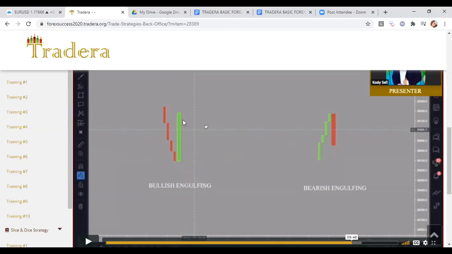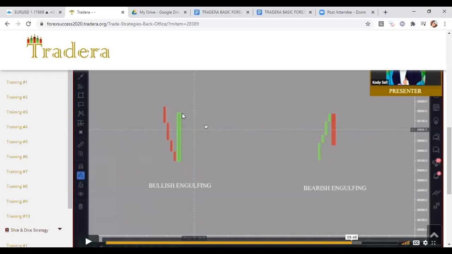Now remember, on this bullish candle, it closes at the top, right? So whatever the next candle is, it's going to open way up here. It has to open here, because remember, it's going to open where this one closed.